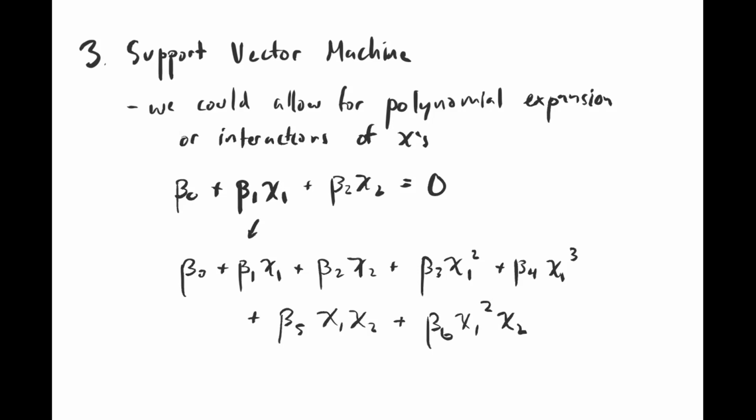If I try to do this type of approach, it's going to explode very quickly, and it quickly becomes computationally infeasible. One, because the calculation and solving of the betas becomes more and more difficult, and two, and probably more importantly, the dimensionality will quickly explode.